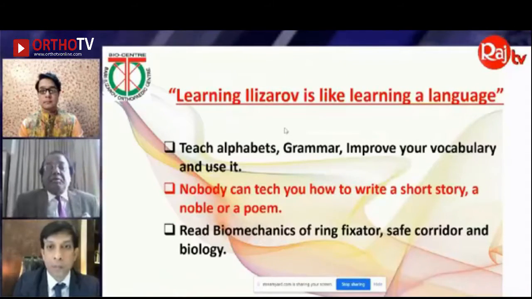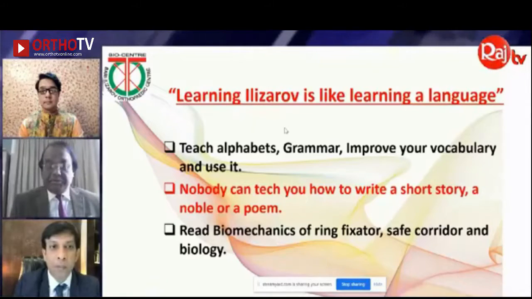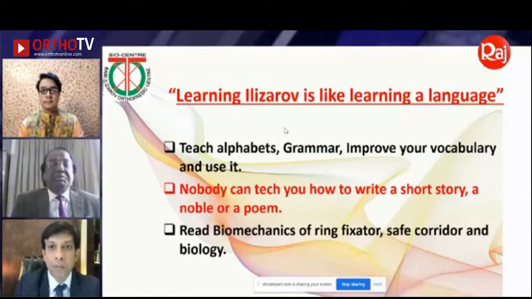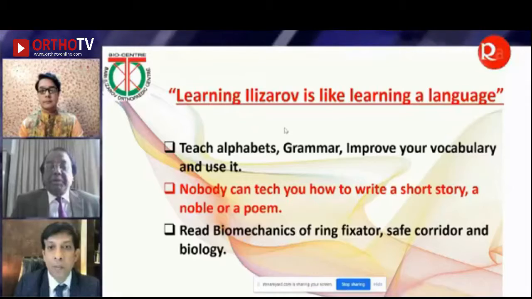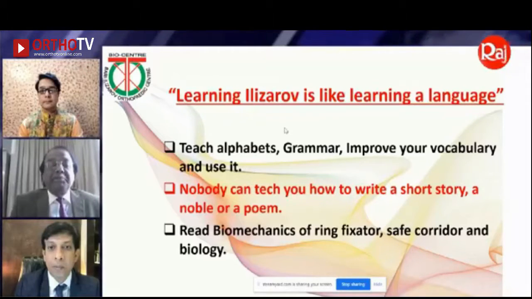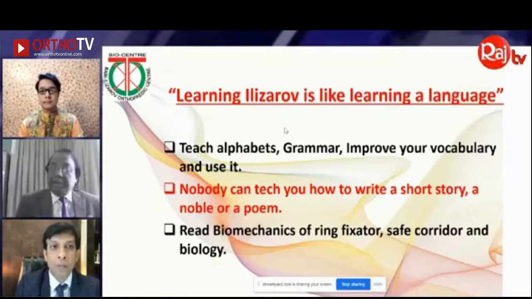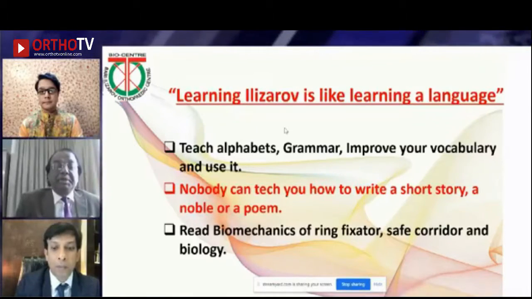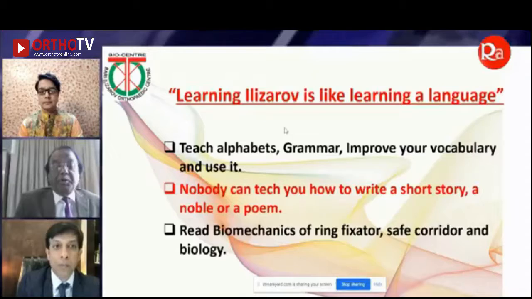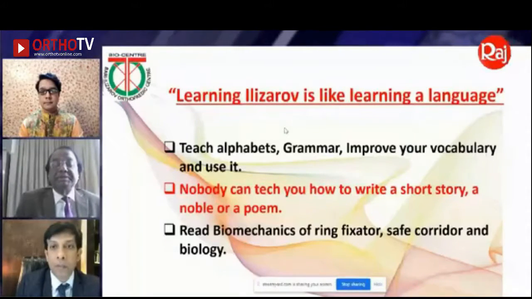4M: man, meat, method, and magician. So learning Ilizarov is like learning a language. That means you learn the alphabets, grammar, improve your vocabulary, and use it. Nobody can teach you how to write a short story, a novel, or a poem. Read biomechanics. This is very important, and the biomechanics of the Ilizarov is very, very important.